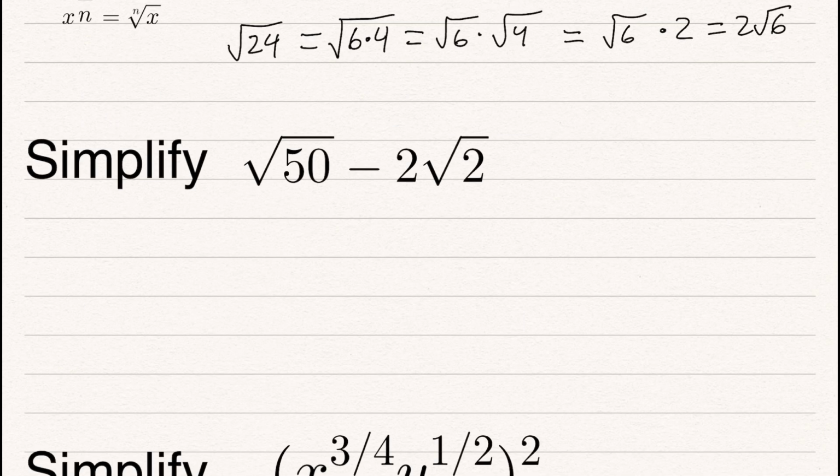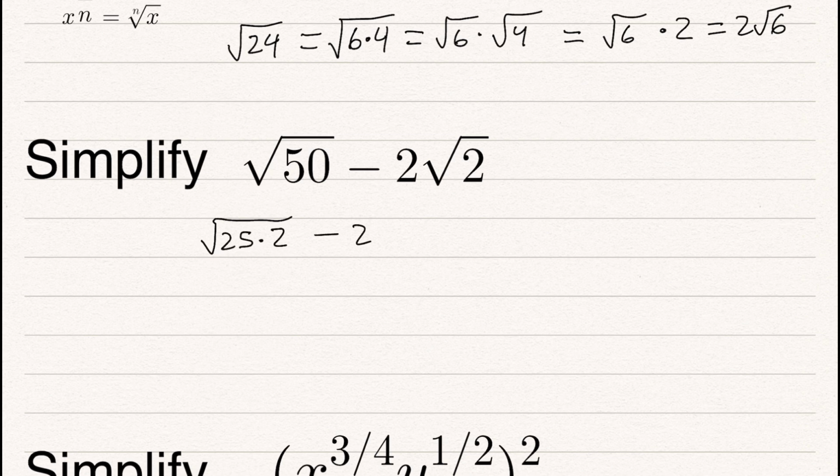So looking at the square root of 50, we ask ourselves, what is a perfect square that I can divide 50 by? Can it be divided by 4? No. Could it be divided by 16? No. By 9? No. But when we get to 25, which is 5 squared, we find that it could be rewritten as 25 times 2.